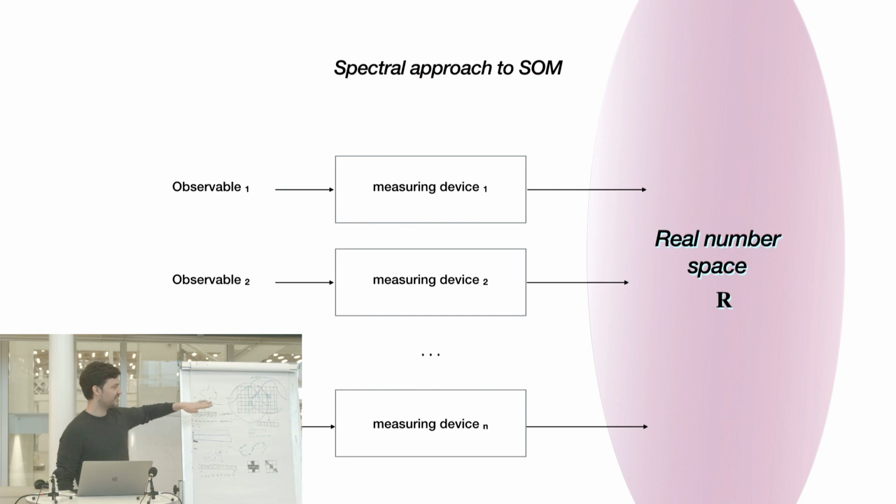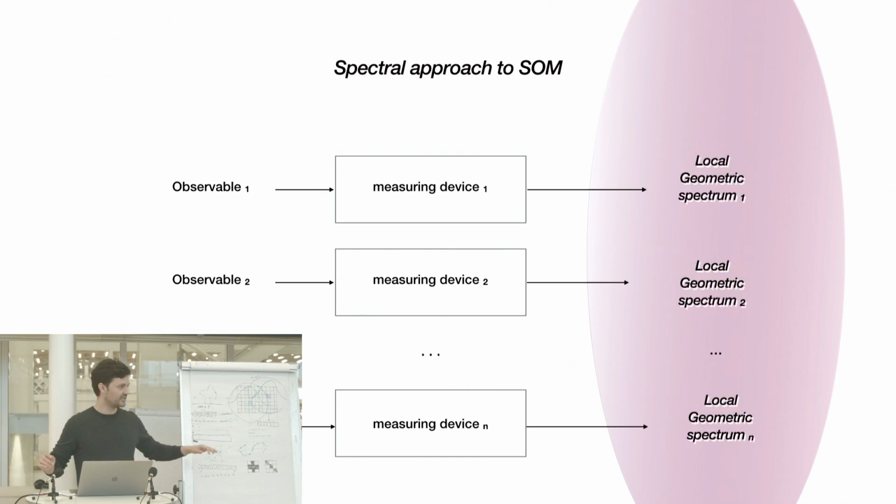I simply take these measurements, of course normalized between 0 and 1, and I stack them together. Each of these numbers will give me a kind of local geometric spectrum. But also when we take them together, I will have a list of different local geometric spectrums according to how many observables I have.